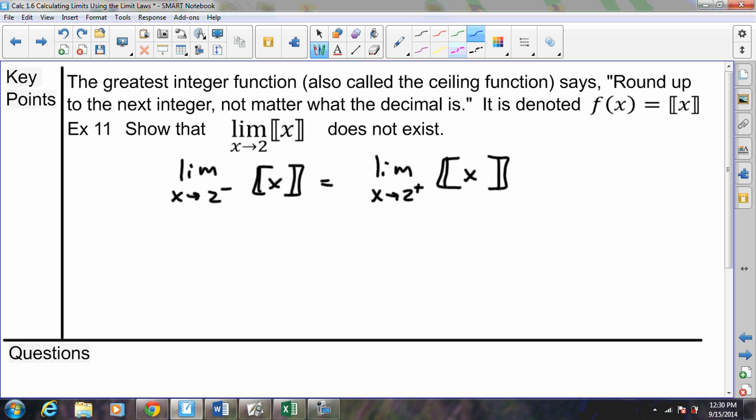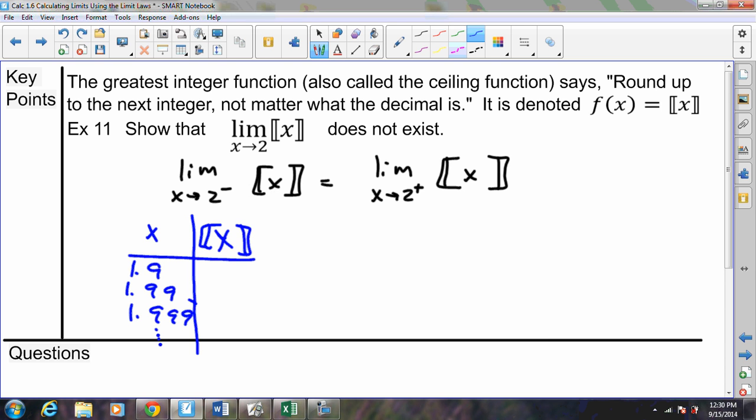As we're approaching 2 from the left, we're looking at x values that are like 1.9, 1.99, 1.999, dot, dot, dot, keep going.